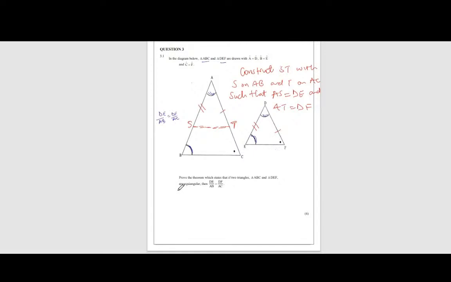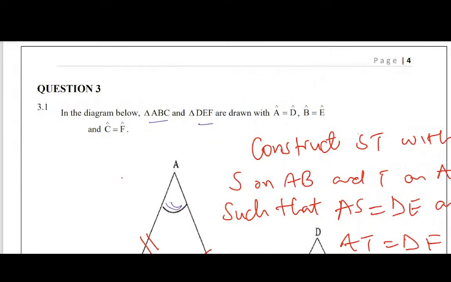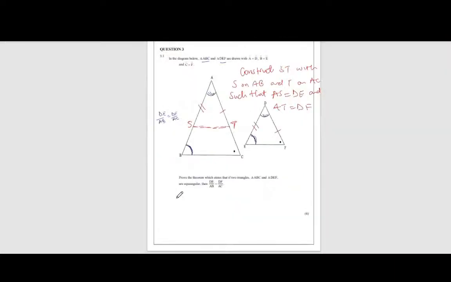So we go down and say that from triangle AST, this triangle here, and then the counterpart, which is DEF, what can we observe that will be the same?